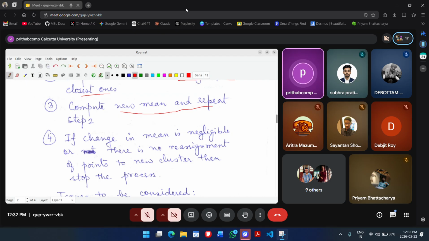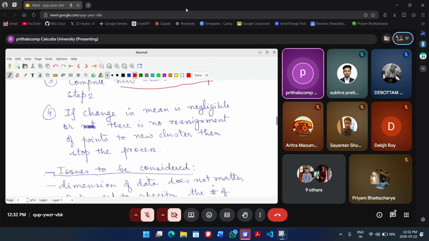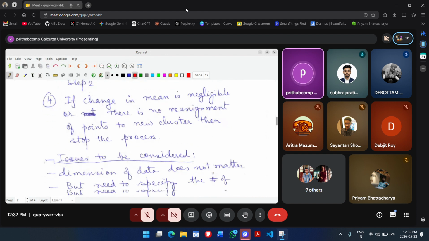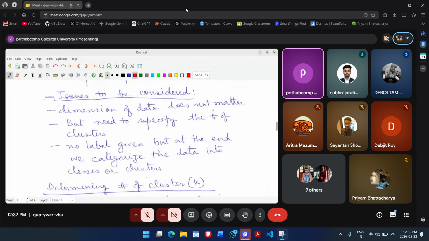As a result, a point may no longer be closest to the earlier cluster, but to some other cluster head. That's why there may be changes in assignment of the data points during the algorithm. So we stop when there is no reassignment, or when the cluster heads are not really moving much from the previous iteration.